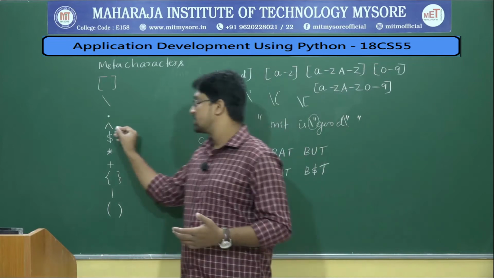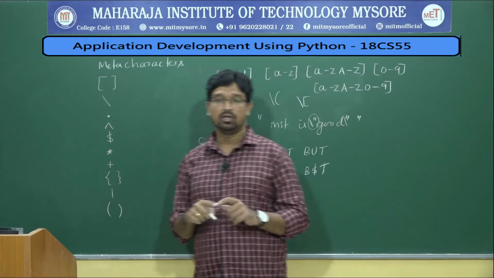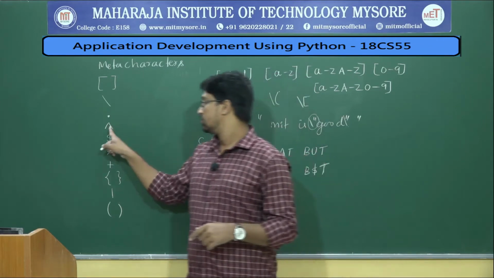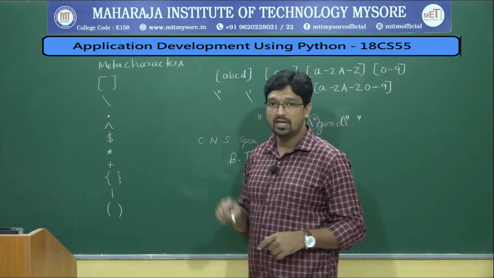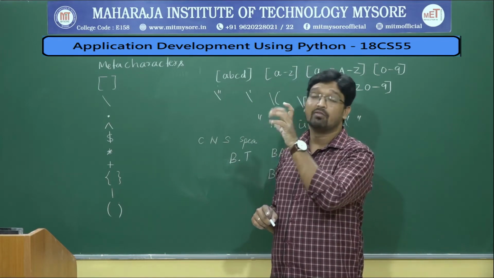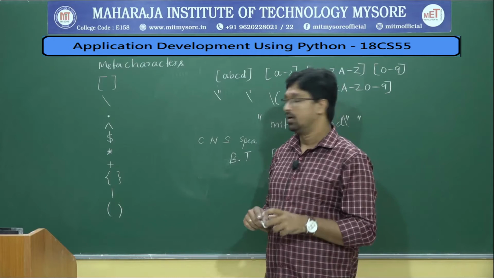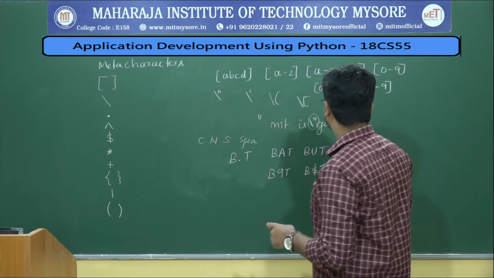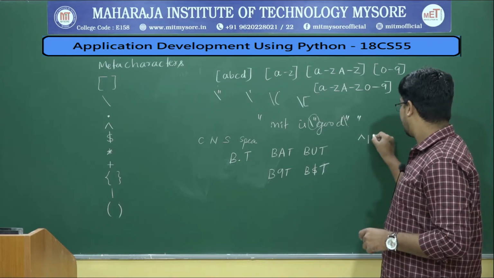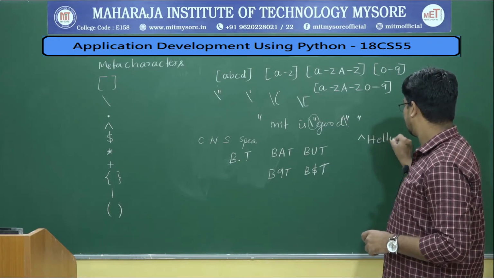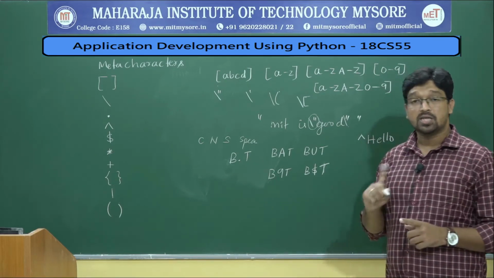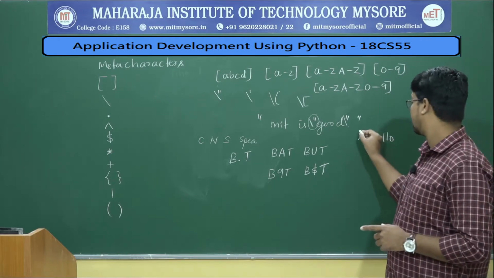Then we have the caret symbol. This is actually called a cap, but it is called a caret symbol. When you have the caret symbol, it checks whether a particular string is starting with some substring. Let us say if you write caret hello, it will check whether the string is starting with hello.